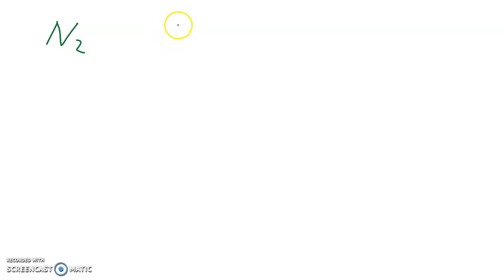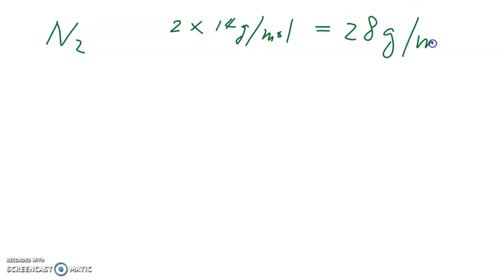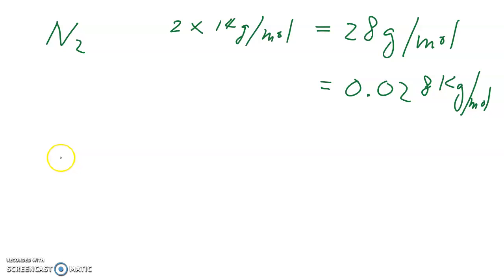The molecular weight of nitrogen is 2 times the atomic weight, which is about 14 grams per mole, so together it is roughly 28 grams per mole. Converting to SI units, that is 0.028 kilogram per mole.